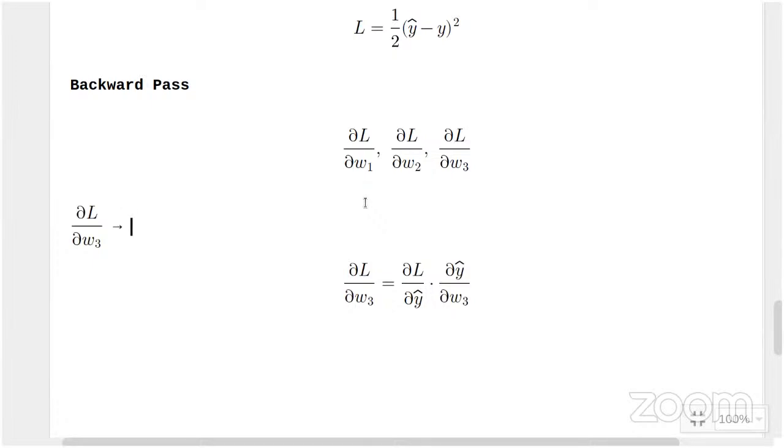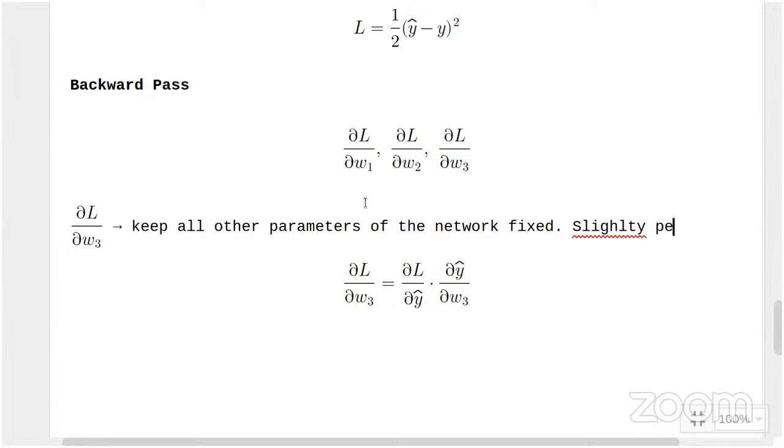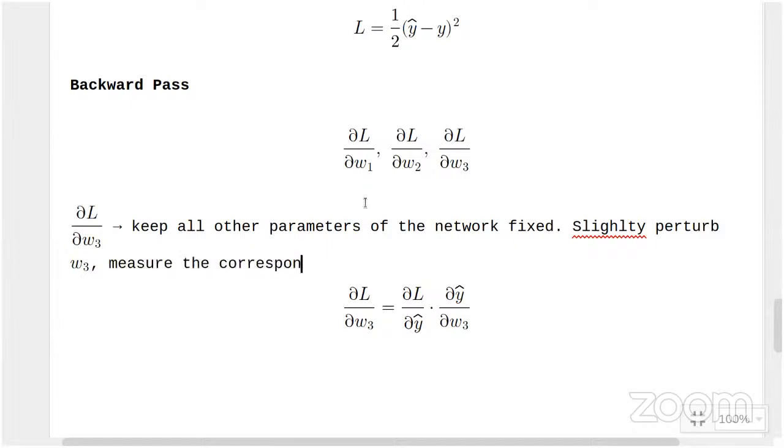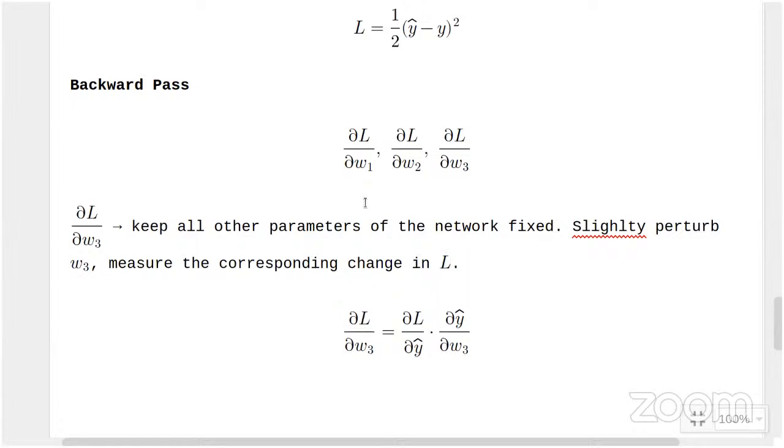But from a practical standpoint, it means: keep all other parameters of the network fixed, meaning keep W1, W2, B1, B2, B3 constant, slightly perturb W3 and measure the corresponding change in L. That is what the partial derivative means.